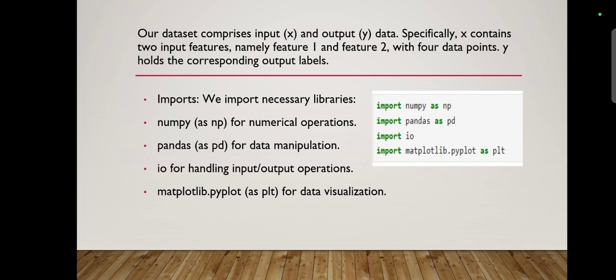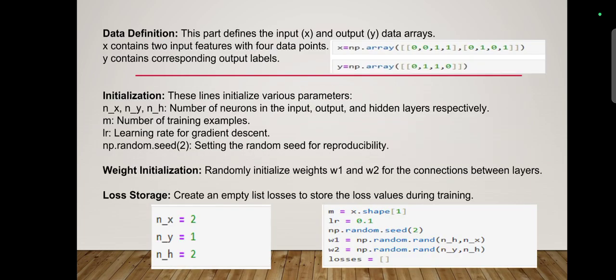First, we import the necessary libraries like NumPy, Pandas, and Matplotlib for handling the data for input and output. We define the data using NumPy arrays, and then we initialize the data.